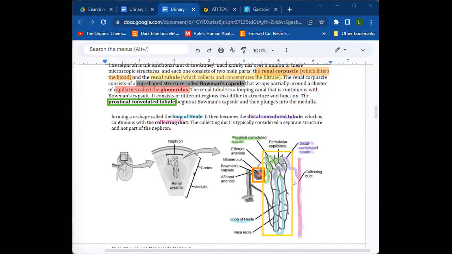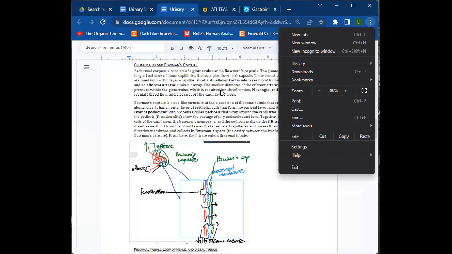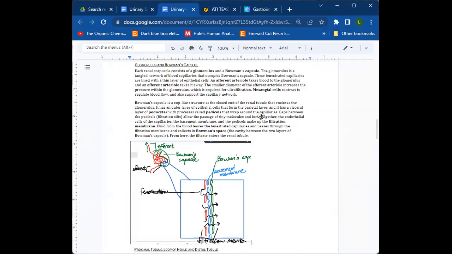A lot of places don't really consider the collecting duct a true part of the nephron, so just keep that in mind. All right, now let's take a look at more specifically the histology of the glomerulus and the Bowman's capsule and the rest of the renal tubule.